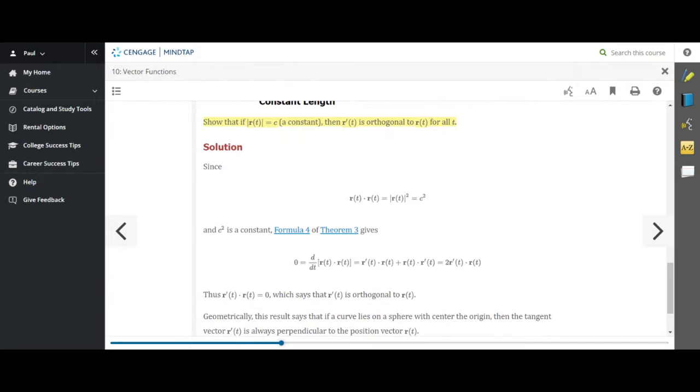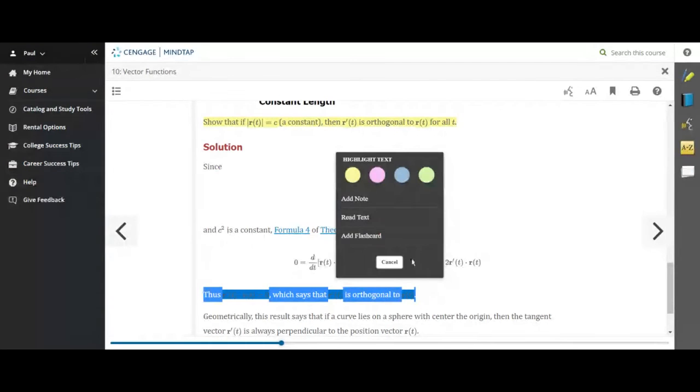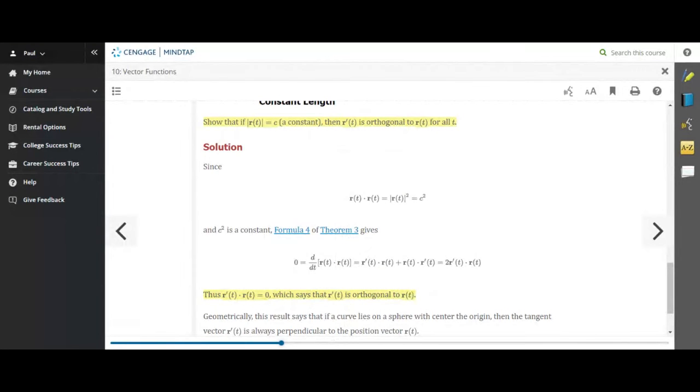And therefore we have the situation where r prime is orthogonal to r, or we could say the tangent vector is perpendicular to the position vector. But again, this is only in the case where the position vector has constant length for all t.